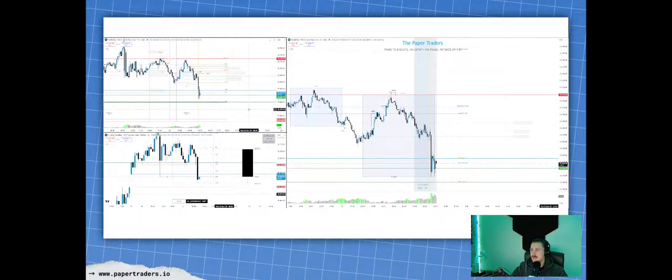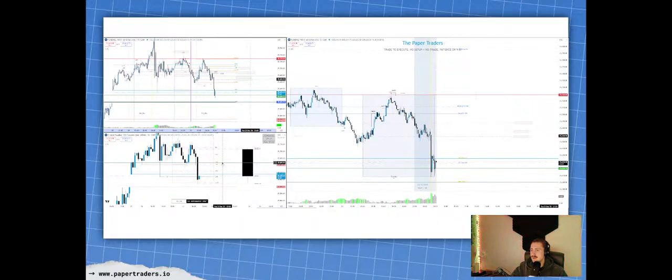Otherwise, these two levels are the Sunday open at 25,628.25 and the previous weekly high over at 25,668, which is another one we're going to be watching as well.